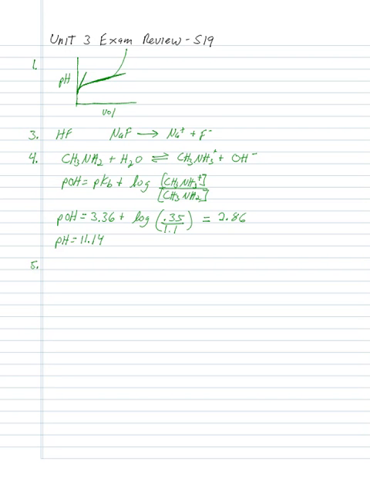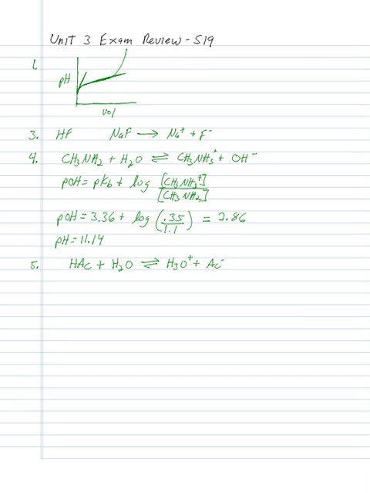Since we're given the Ka of acetic acid, I'm just going to abbreviate that as HAc because I don't feel like writing out the whole formula for acetic acid. So because it's a Ka, it's going to be the acetic acid with water, and that's going to give us H3O plus and our acetate.